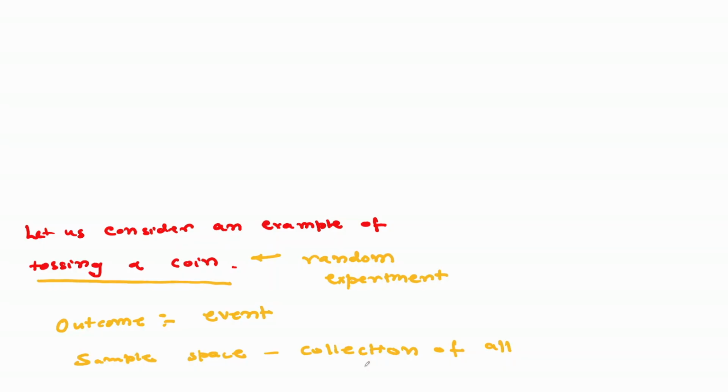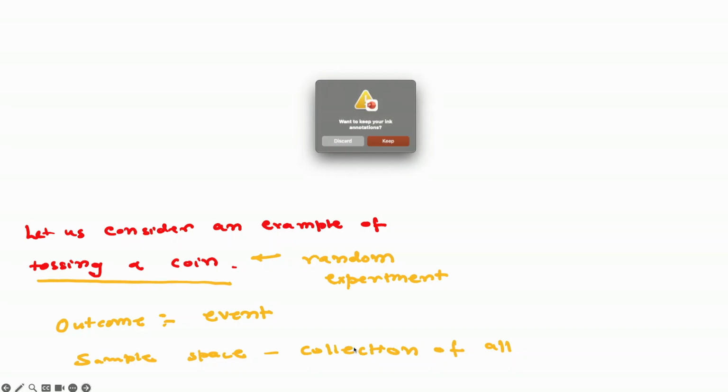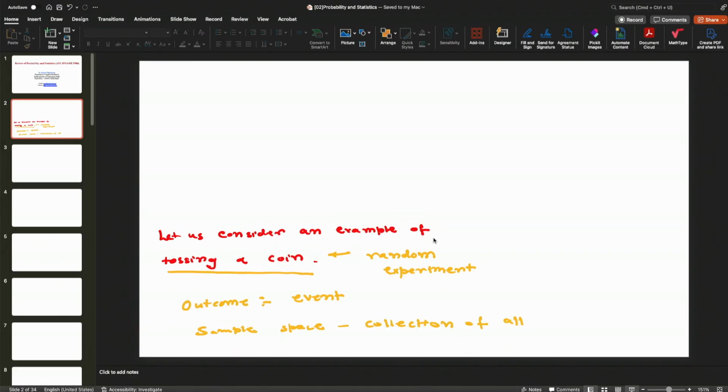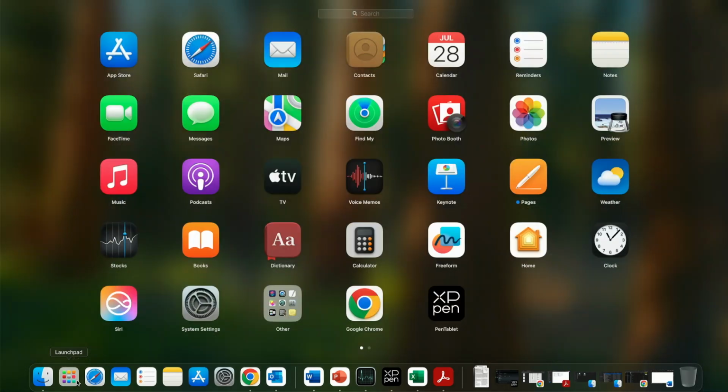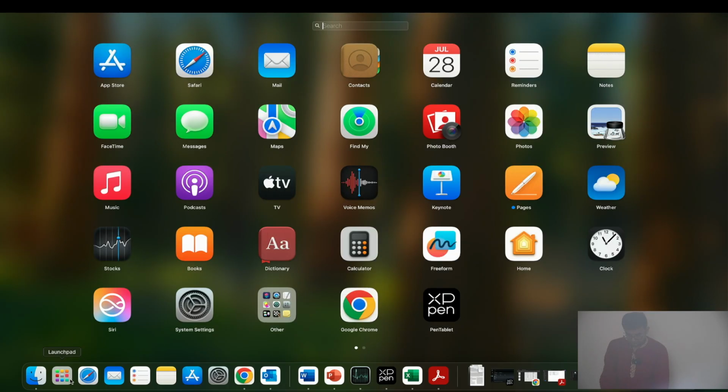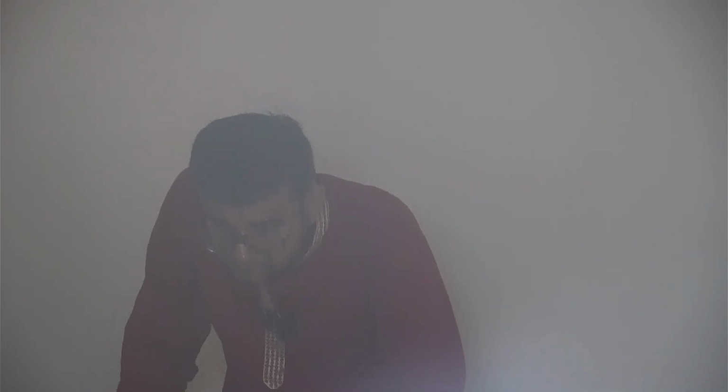Now, let me try to fix it. Okay. There is some issue that is happening which is prohibiting me from writing over the whole screen. Now, it should work.